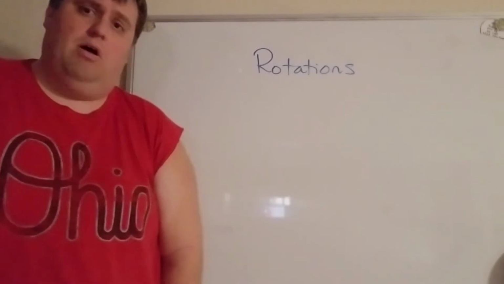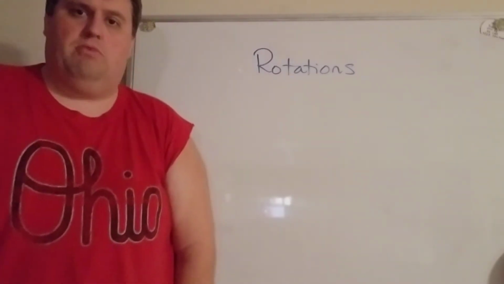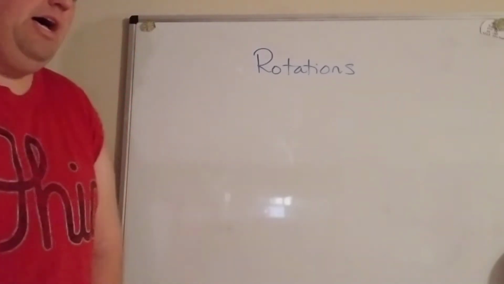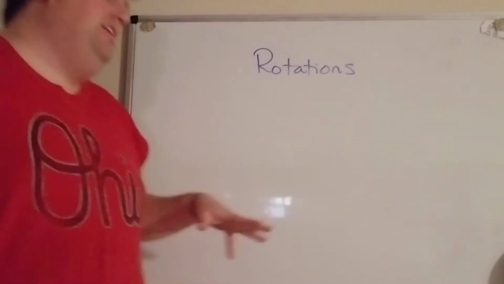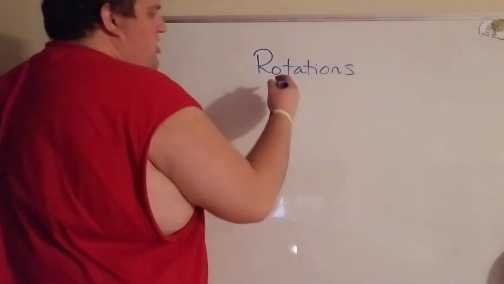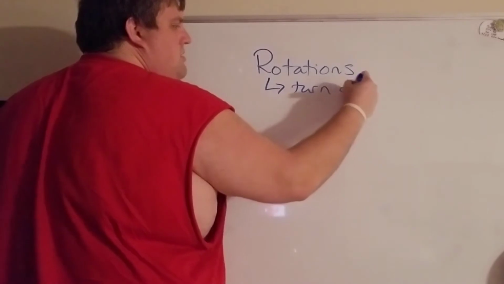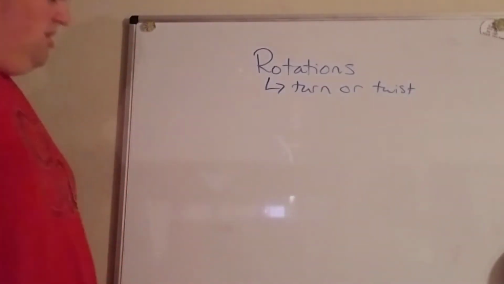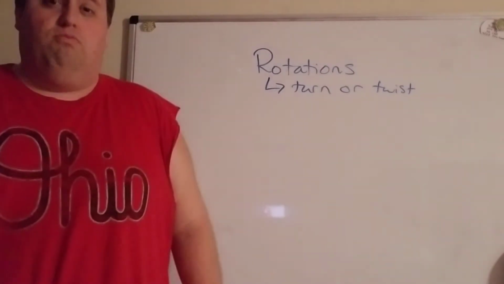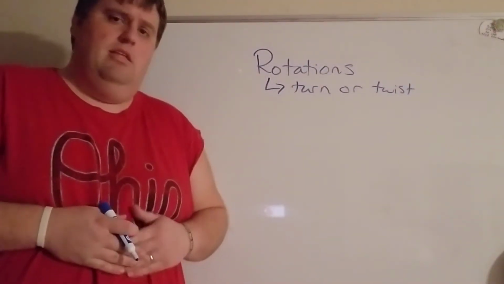Rotations are what we would say is the last rigid transformation we're going to talk about, which we'll talk a little bit about what that means. But basically, a rotation is a turn or a twist, right? Now, the good news for you guys is we don't necessarily have to learn the rules for where those new points are going to be.